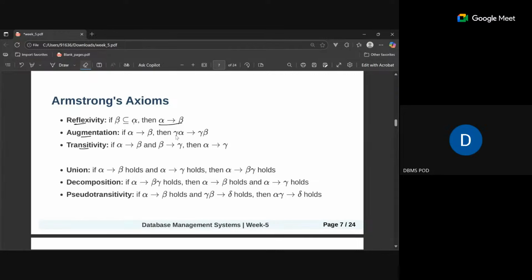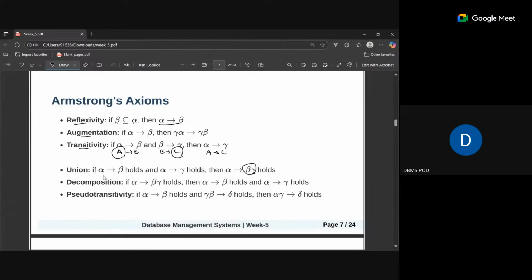You have seen I have added gamma on both sides. That is augmentation. And transitivity, in simple words: if A determines B, and B also determines C, then A determines C. This is called transitivity. And union, again, just combine them and write it together.